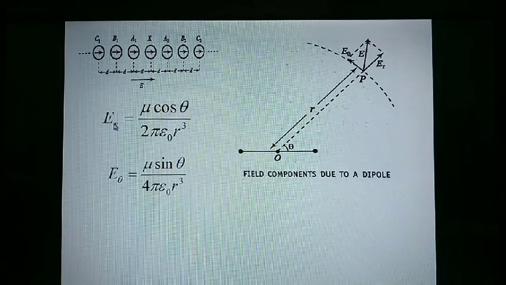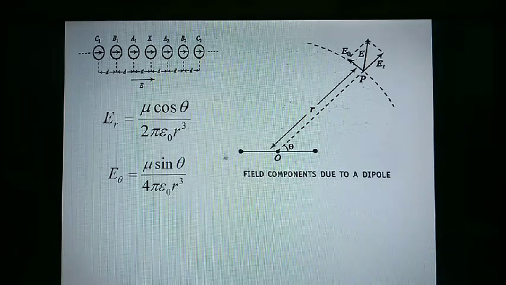The expression for the electric field E_r is going to be mu cos theta divided by 2 pi epsilon naught r cube, and E theta is mu sin theta divided by 4 pi epsilon naught r cube. Here you already have understood what r is. Theta is the angle made by the line joining this point from the center of the dipole with the axis of the dipole, that is theta.